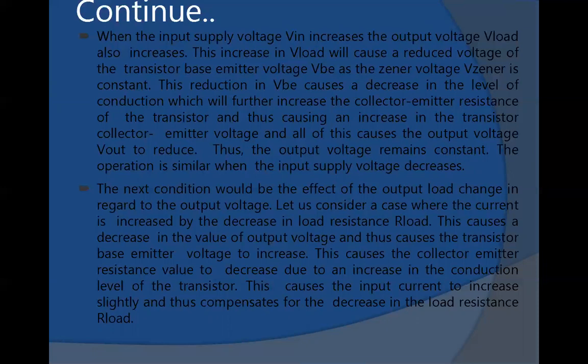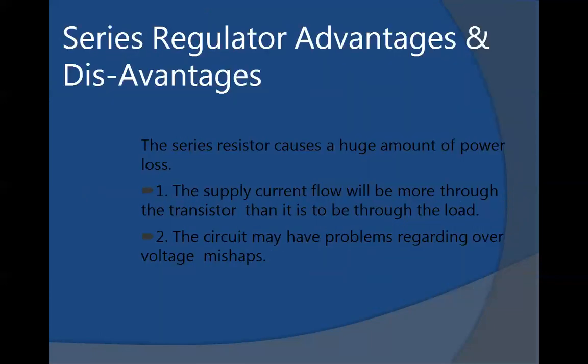This causes the collector emitter resistance value to decrease due to an increase in the conduction level of the transistor. This causes the input current to increase slightly and thus compensates for the decrease in the load resistance. Next, we are going to see the series regulator advantages and disadvantages.